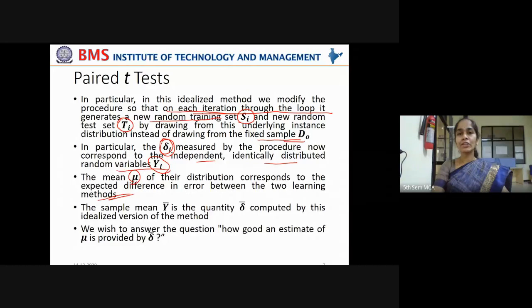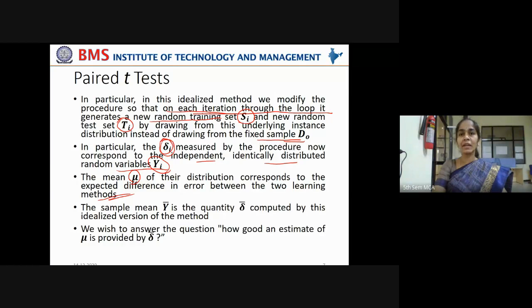If we check the two learning methods on this new sample, then the mean mu of their distribution corresponds to the expected difference in error between the two learning algorithms.